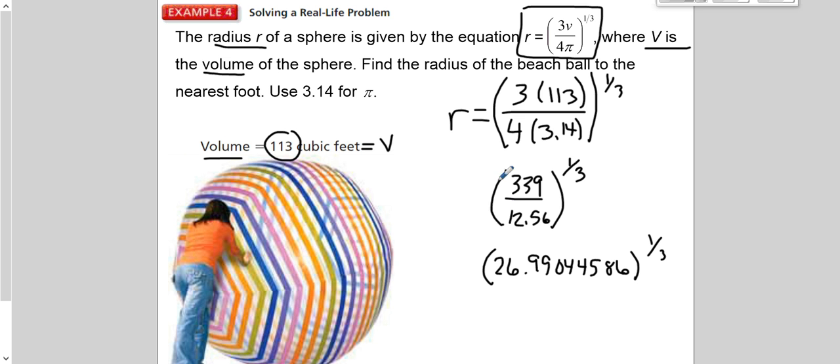So I have this number on my calculator. What I'm going to do is leave that number on my calculator. It's already there, and I'm going to use that up arrow. It's called a caret, but it's what we press to get exponents.